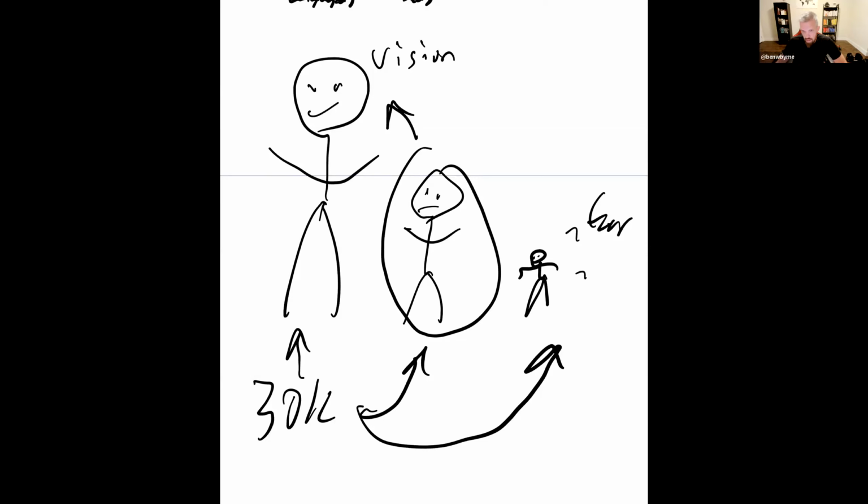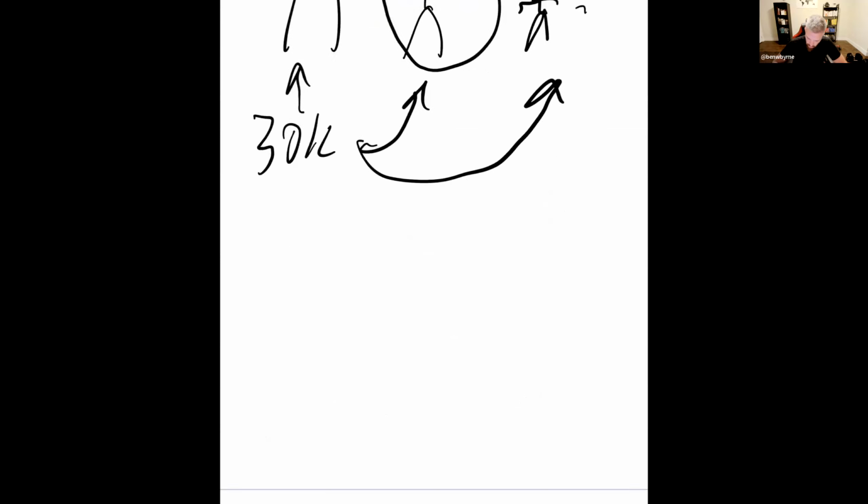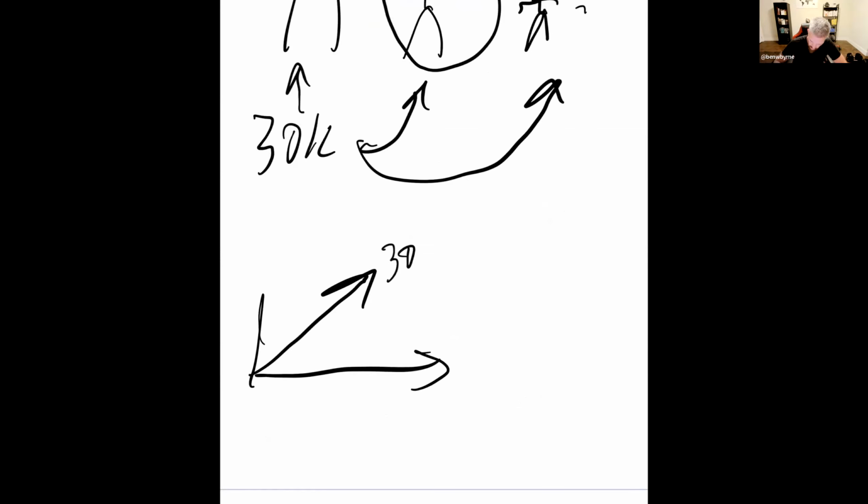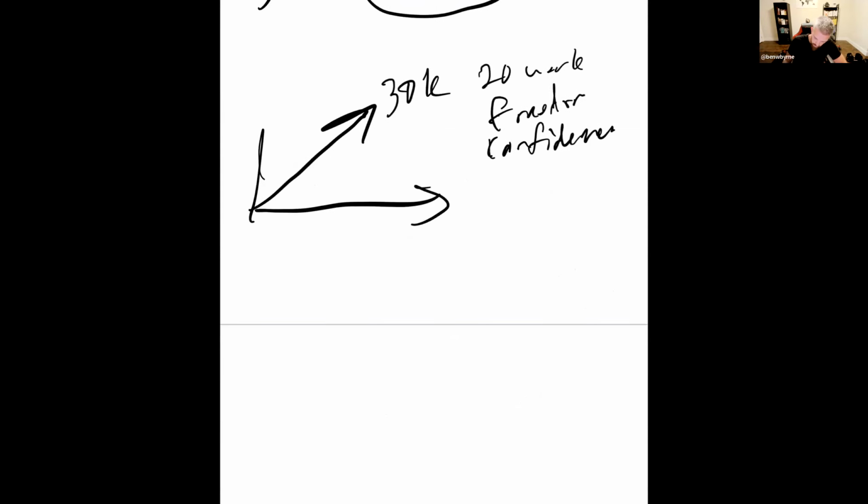But the only way that we're going to go from your current shitty reality to this upward trajectory, 30K plus, 20-hour work weeks, the freedom, the confidence, is by doing one thing right now.